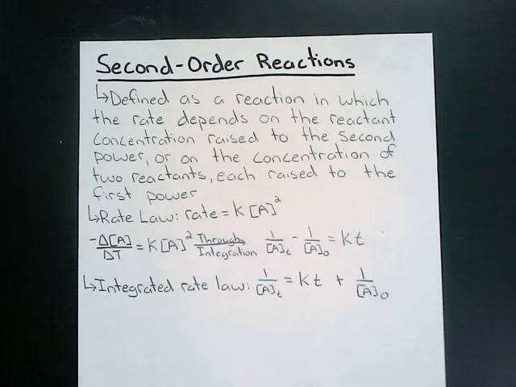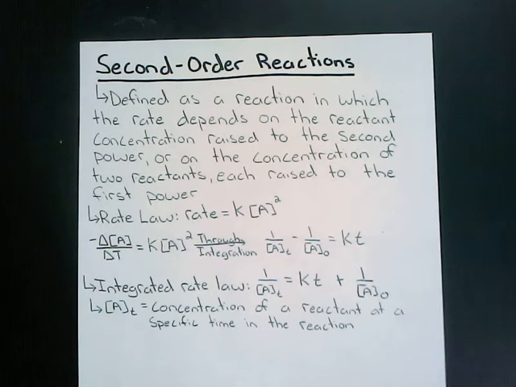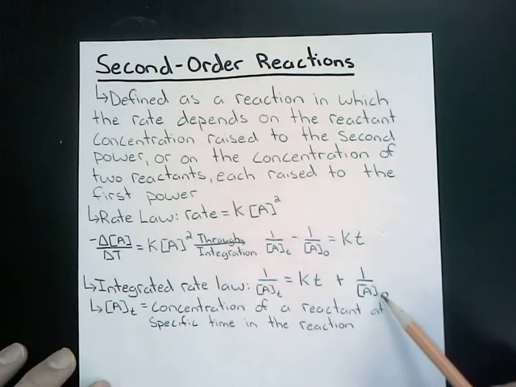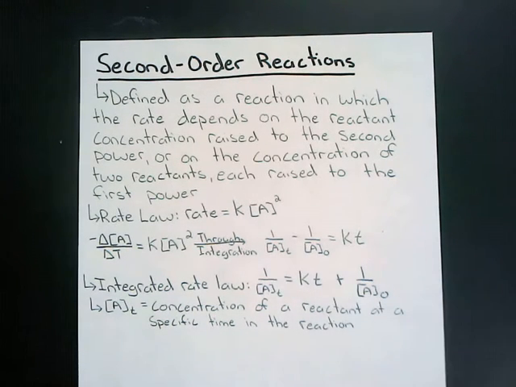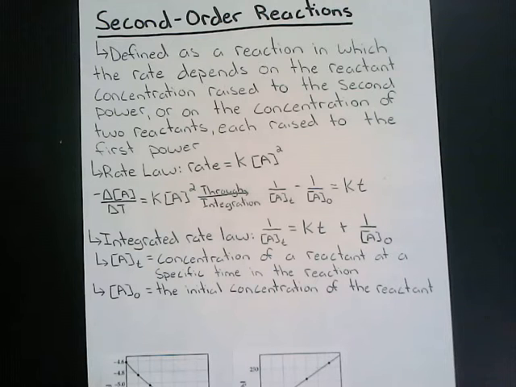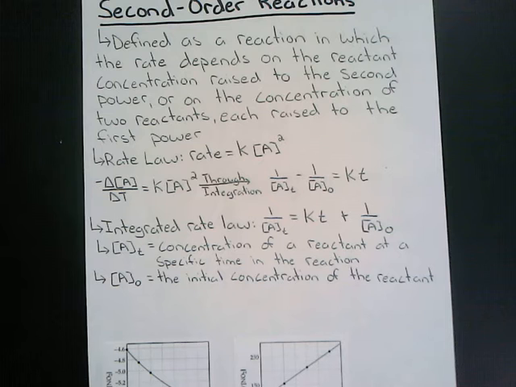But just as a reminder, remember the concentration of A at t is the concentration of A at a specific time in the reaction, and the concentration of A sub naught is the initial concentration of A, or our reactant. All right, so again, what we're going to transition to here is the graph of 1 over the concentration of A at a specific time versus time.